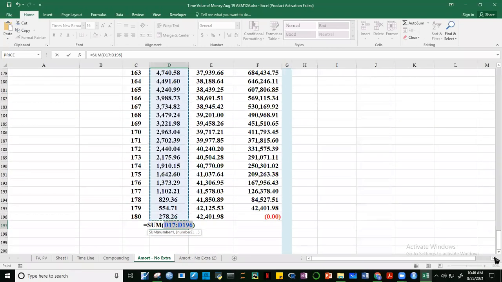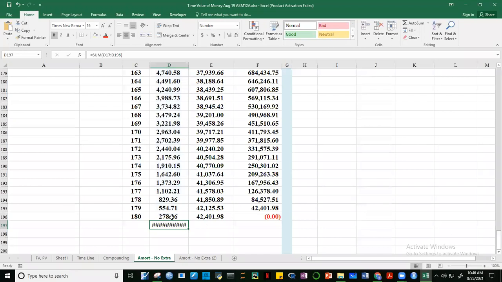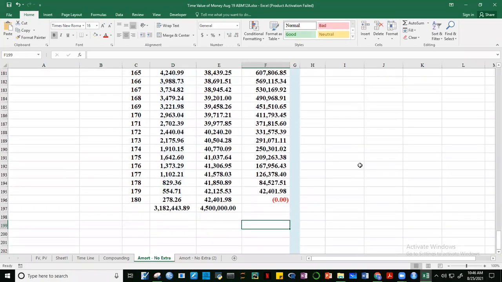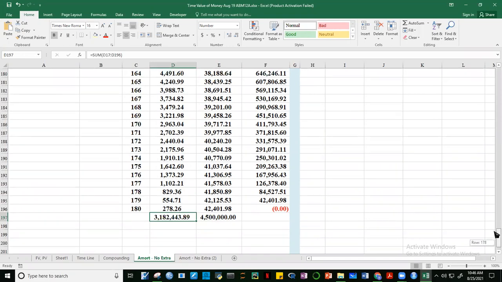So, ito yung interest na total. Magkano yung principal na binayaran natin? Take a look at this, guys. Siyempre, ang total principal na binayaran natin, 4.5 million. Ang total interest is 3,182,443.89. Okay, so that's the interest that we're paying.